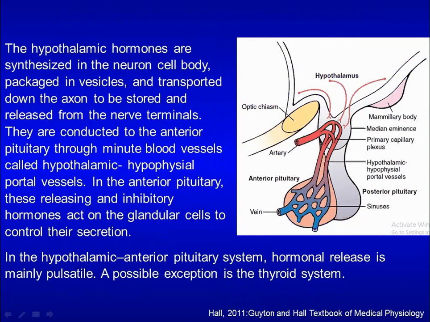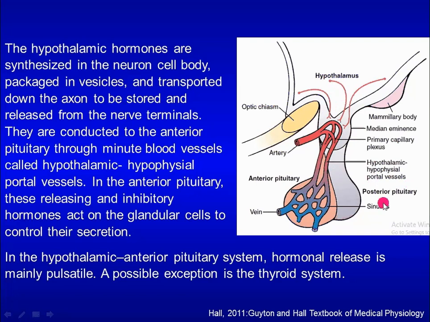Hypothalamic hormones are synthesized in the neuron cell body, packed in vesicles, and transported down the axon to be stored and released from the nerve terminals. They are transported to the anterior pituitary through minute blood vessels called hypothalamic hypophyseal portal vessels.